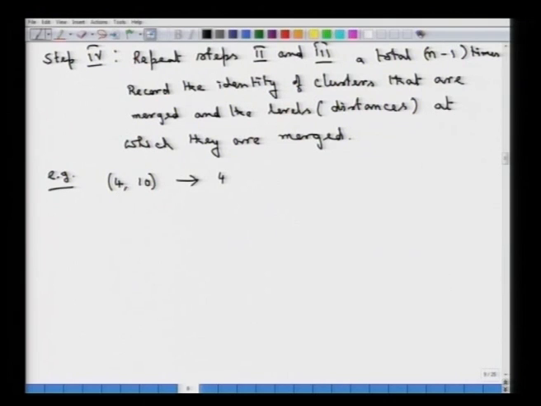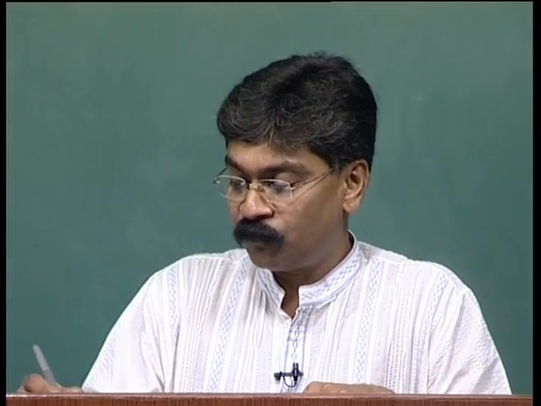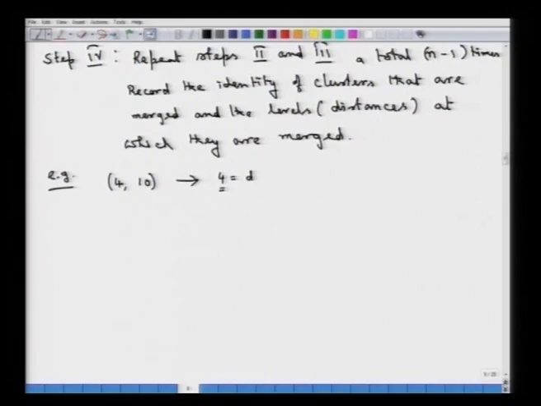Suppose case number 4 and case number 10 are the first to be merged at a distance level 4. Now, this would be the distance between case number 4 and case number 10 surely. Say at the second step we have case number 2 merged with case number 15 at a distance level of 6. This would then correspond to the distance between case number 2 and 15.